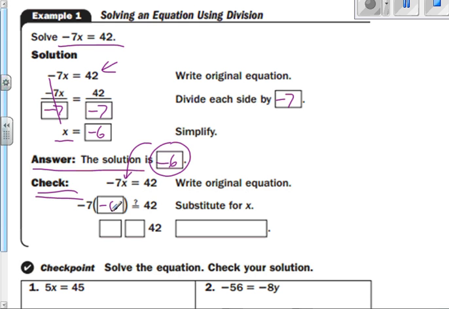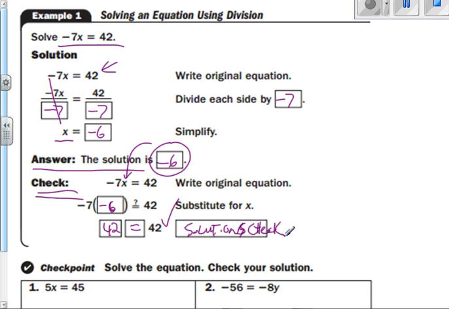So negative 7 times a negative 6 would be a positive 42, and 42 is equal to 42. Therefore, I know that my solution checks. I just use a check mark instead of writing the words, solution checks.